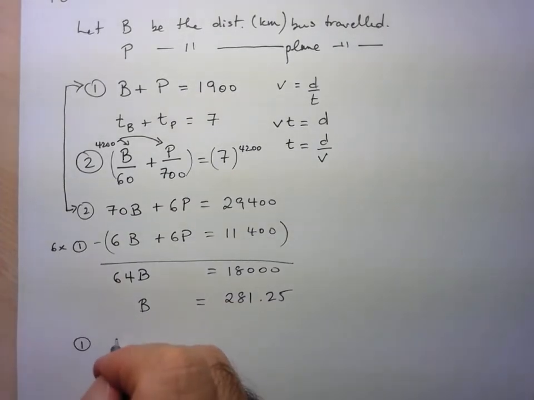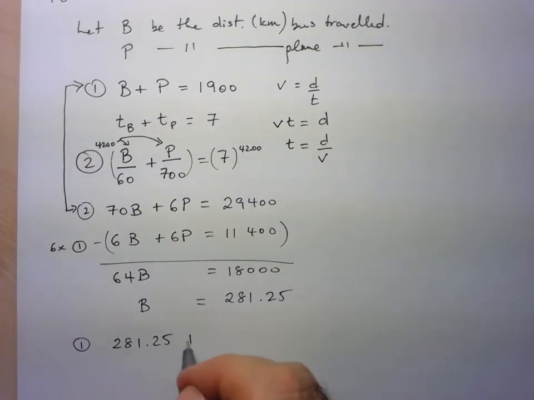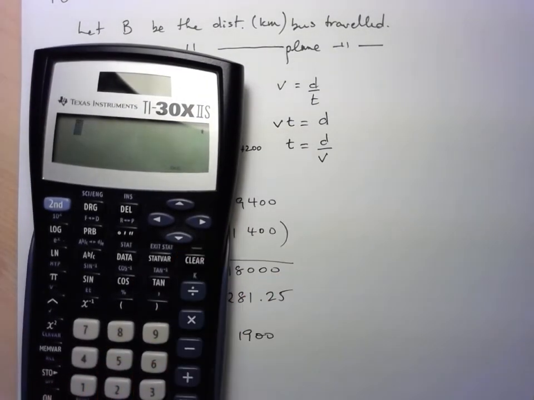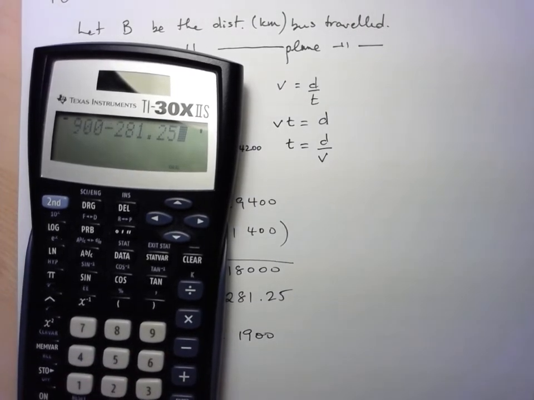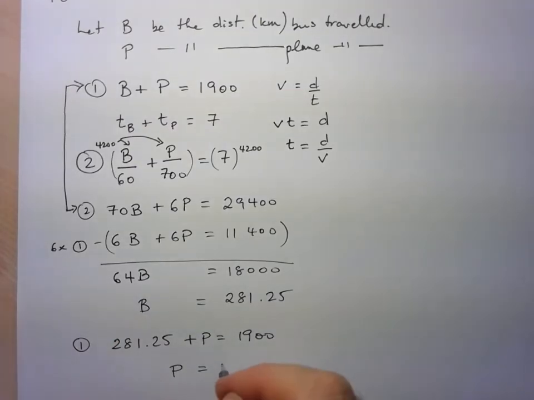And now I'm just going to use equation 1 to solve for P. So 281.25 plus P is equal to 1900. So P is just 1900 minus 281.25, and that's 1618.75.